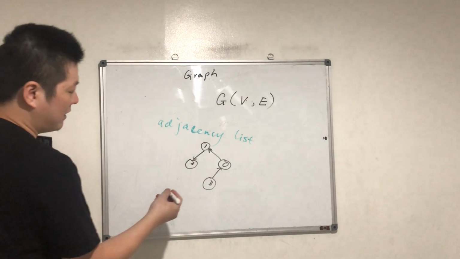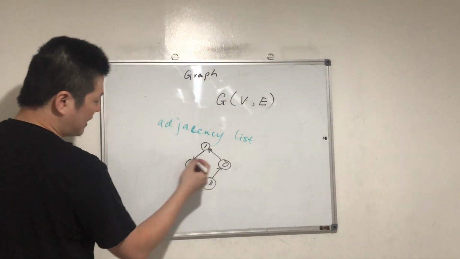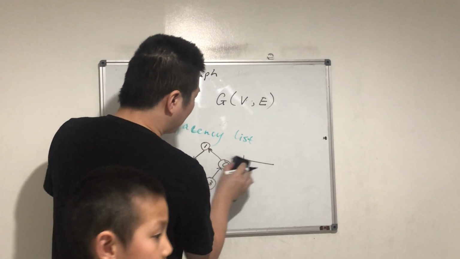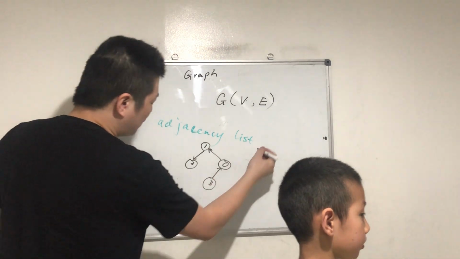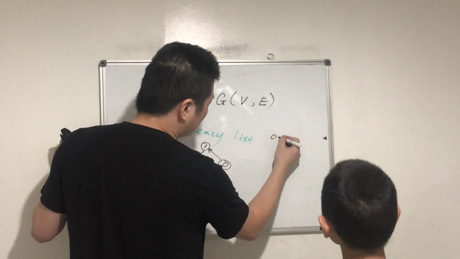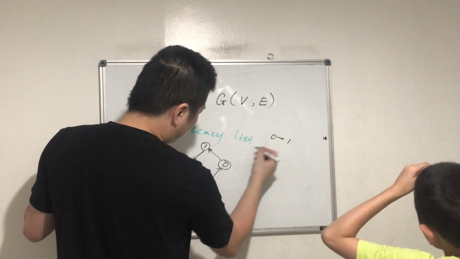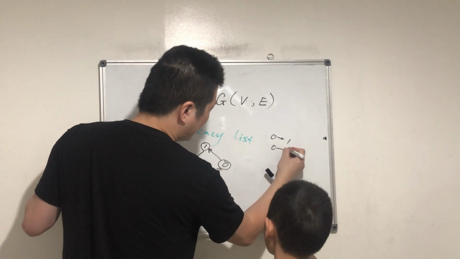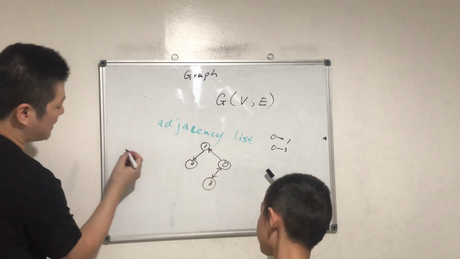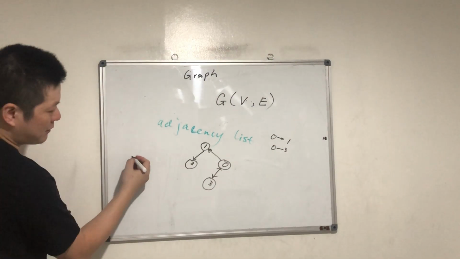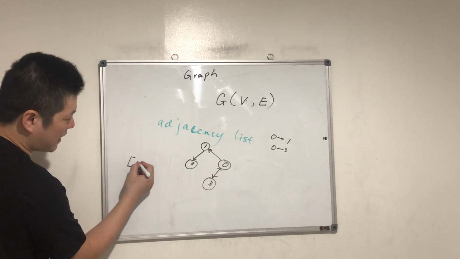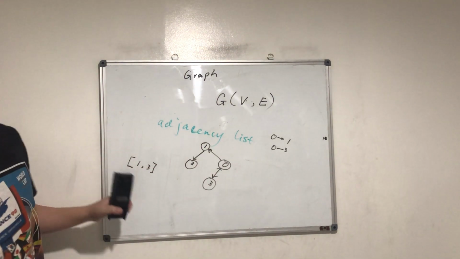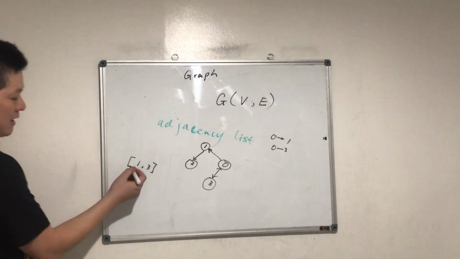So how do we store it? We store it in a list. The first one is 0. We have an edge 0 to 1, and maybe another one, 0 to 3. So for the first element, 0, we have 1 and 3. That's the first element of the list.